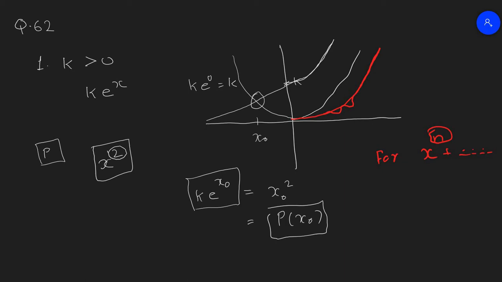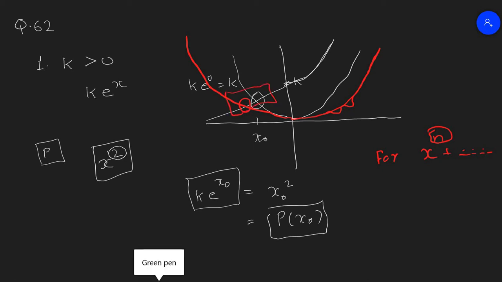And since n is even, as x tends to negative infinity, it goes to infinity again. Definitely there will be a crossing somewhere, because the exponential function goes to 0 while the other goes to positive infinity, so they will meet at least at one point.